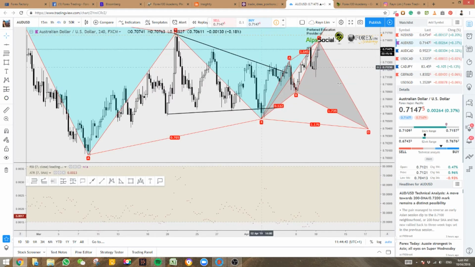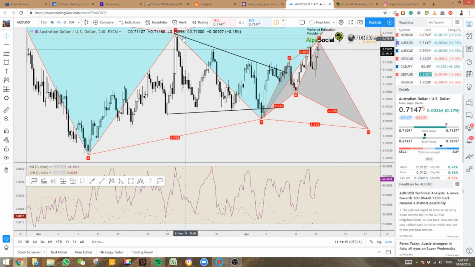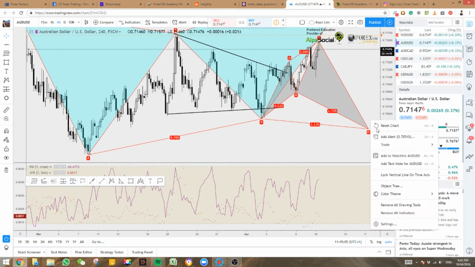So I would want to head in to buy because on this wedge pattern over here, the market broke upwards. So I want to buy upwards. There are a couple of ways I can engage the market: wait for the market to retrace back down for a buying opportunity, or wait for it to come close to this price.